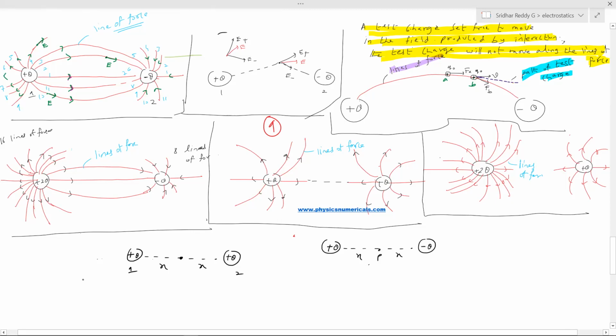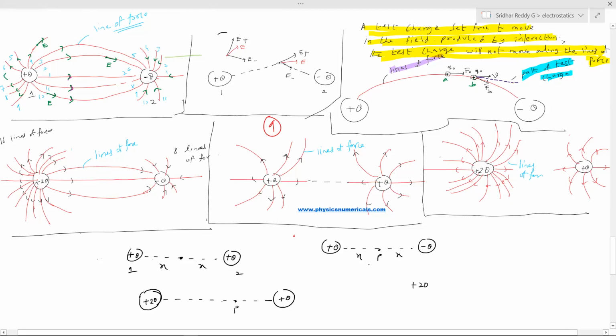Next case: plus 2q charge, plus q charge.